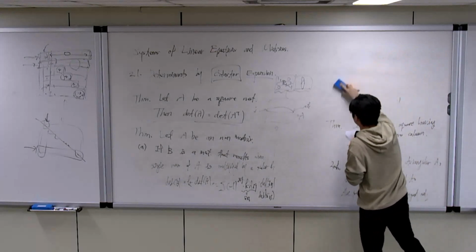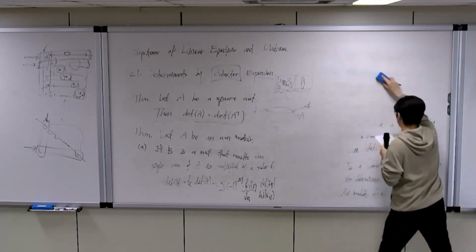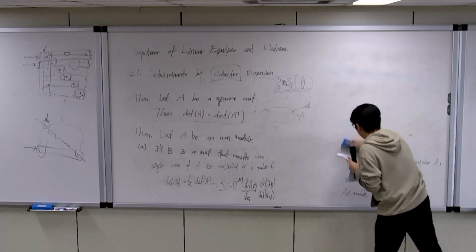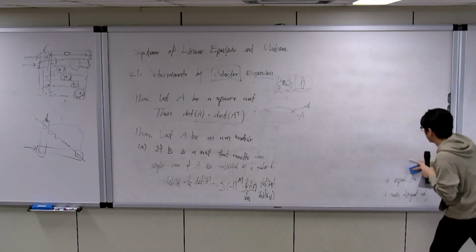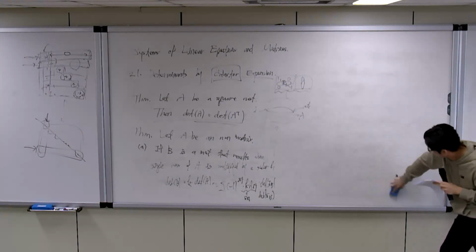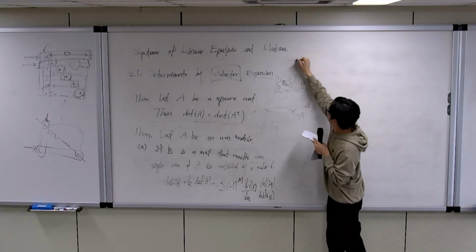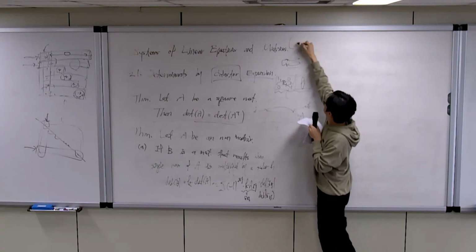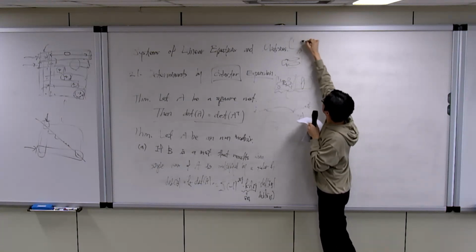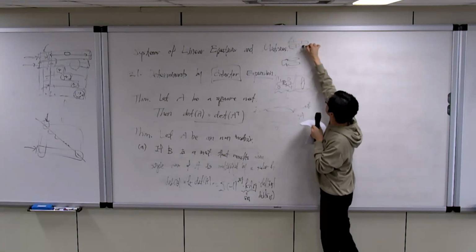And we also defined another elementary row operation, the second one, interchanging two rows, and its elementary matrix is of this form.